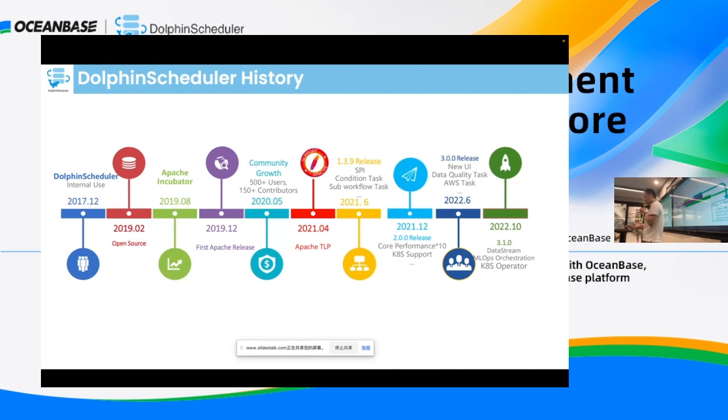The second word I want to focus on is distributed. Because DolphinScheduler is distributed, it can have high availability and high performance, and it affords fault tolerance, and in practice it can handle over 1 million tasks in a production environment.